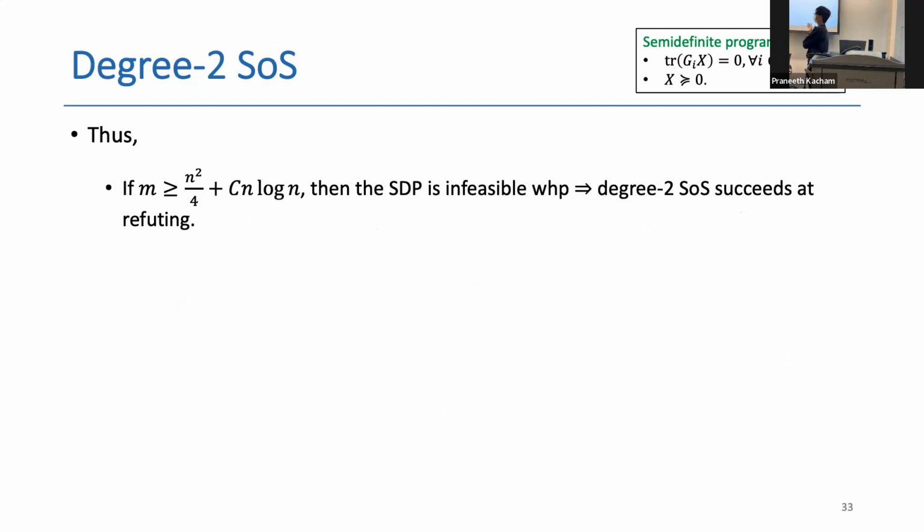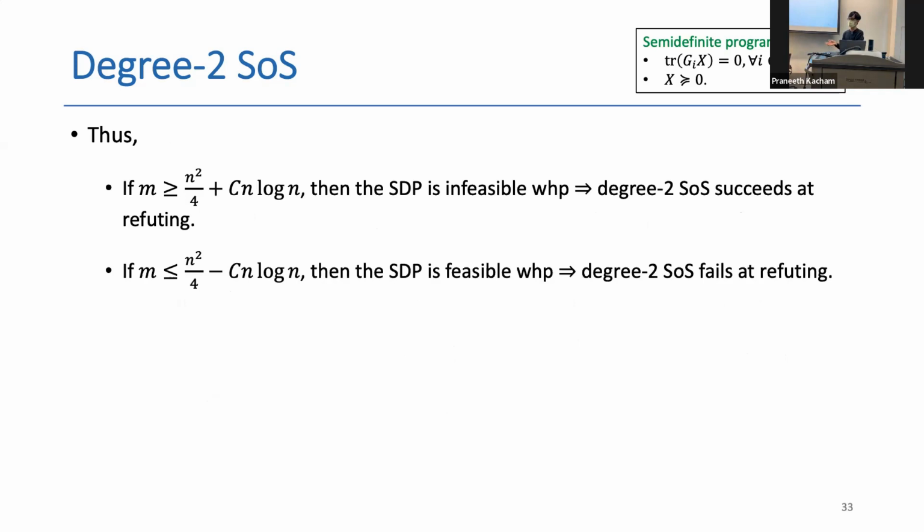That means degree 2 SOS succeeds at refuting. On the other hand, if it's slightly smaller, then the SDP is feasible, which means degree 2 SOS fails. It thinks there is a feasible solution. So this suggests that n squared over 4 is the threshold for degree 2.